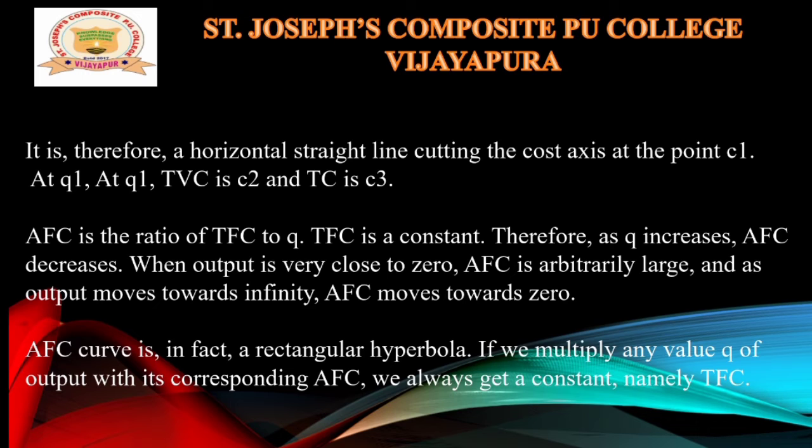The average fixed cost curve is in fact a rectangular hyperbola. If we multiply any value Q of output with its corresponding AFC, we always get a constant, namely total fixed cost. So, like total fixed cost, AFC, average fixed cost, is also at a constant rate.